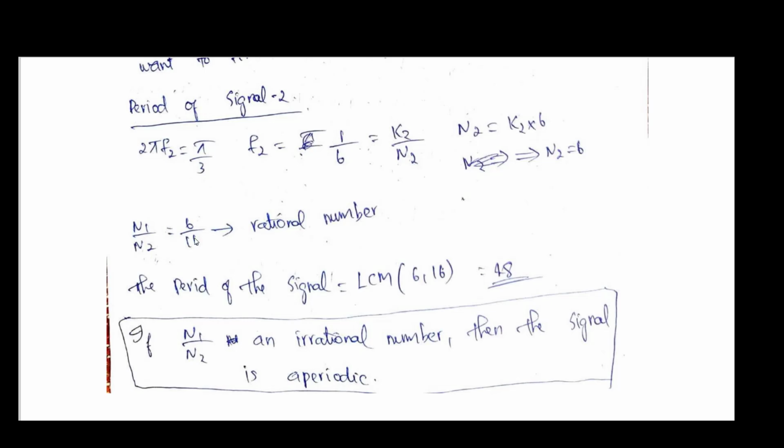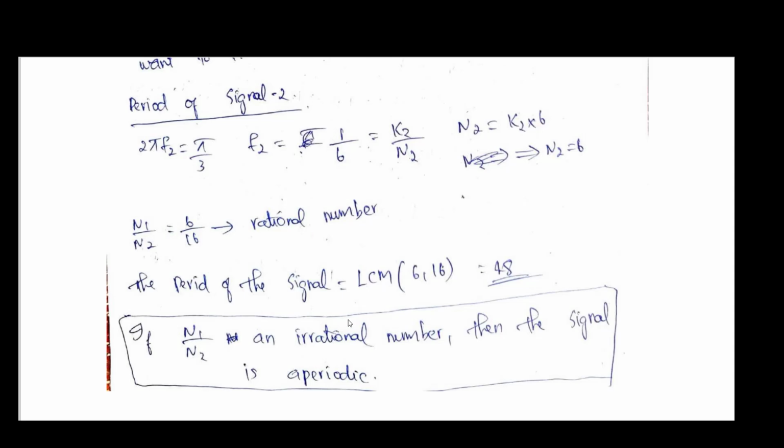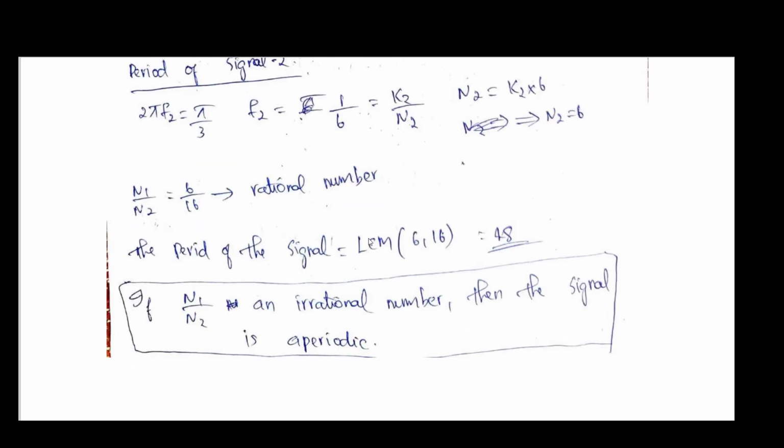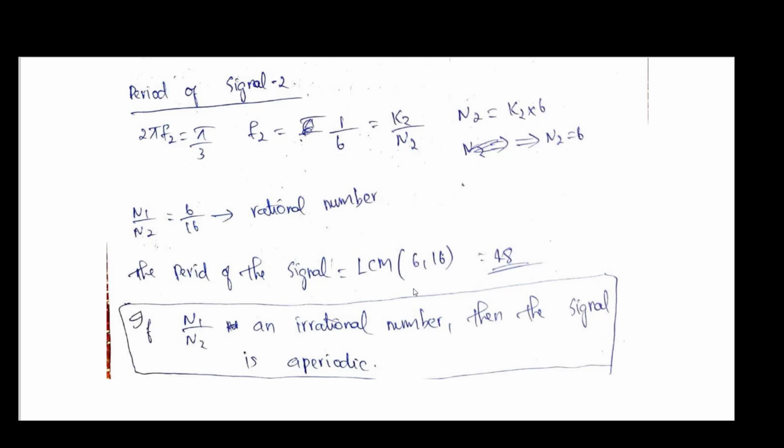In that case, the signal will be aperiodic, so we cannot say anything about the period. If n1 by n2 is a rational number, then we can calculate the LCM of the time periods of whatever signals are present. That will give the fundamental time period of the composite signal.